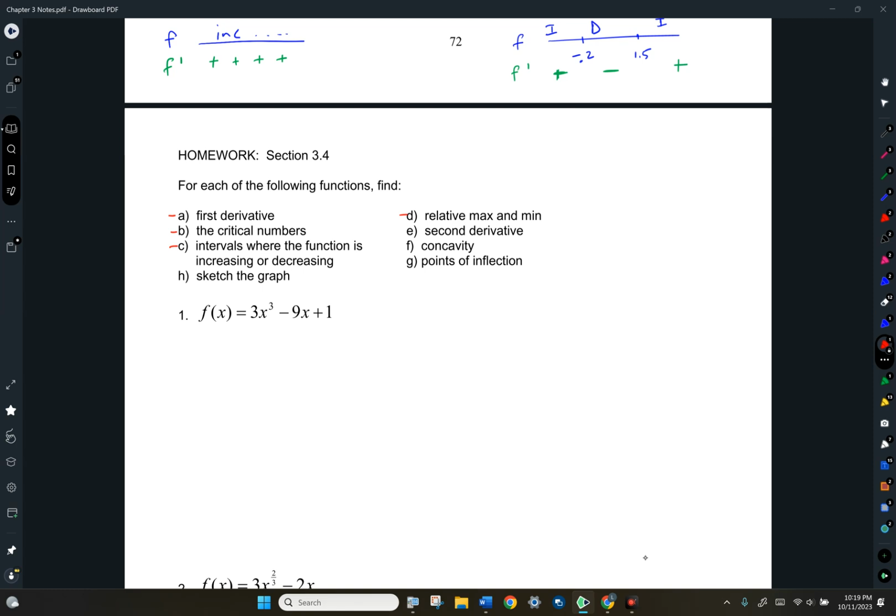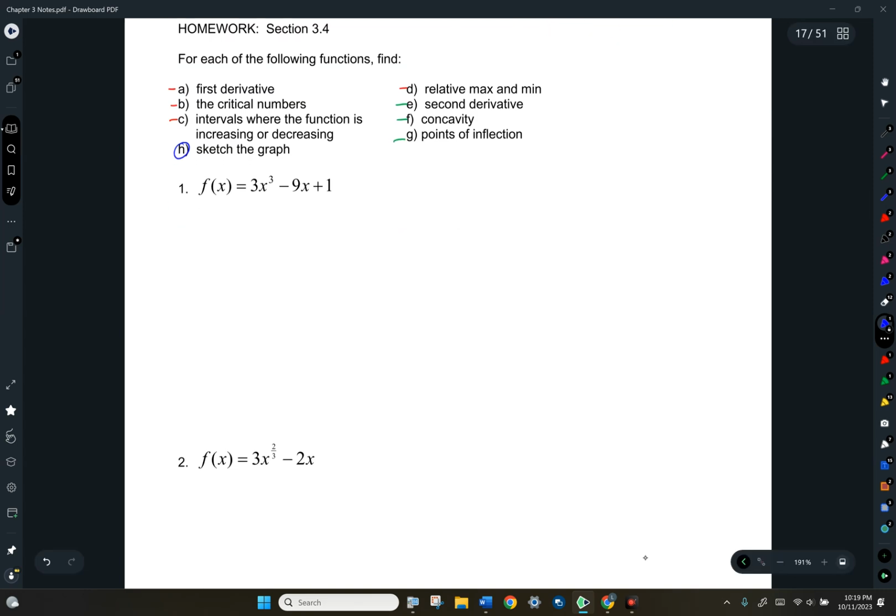First derivative, the critical numbers, intervals where the function is increasing or decreasing. And then when you get to letter E, that's where we go into the second derivative and the concavity and the points of inflection. So that's the new stuff. And then what I want you to try is, could you put that all together and actually try and sketch the graph? Okay, so you're doing a lot of information for one problem.